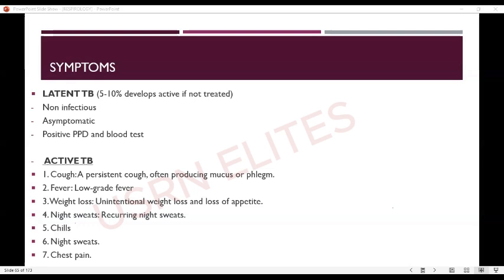Someone may ask, why do TB patients have night sweat and not daytime sweat? Why night and not daytime? Okay, so usually it is because of the changes in the body's normal temperature. Mind you, anytime you're having fever, the body will try to compensate by sweating. Are you getting my point?